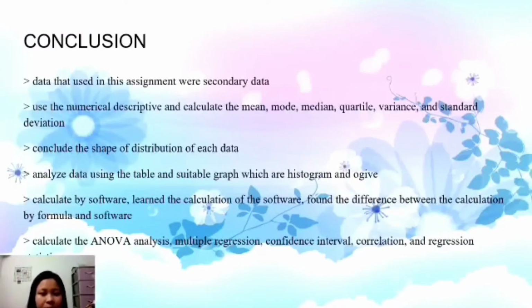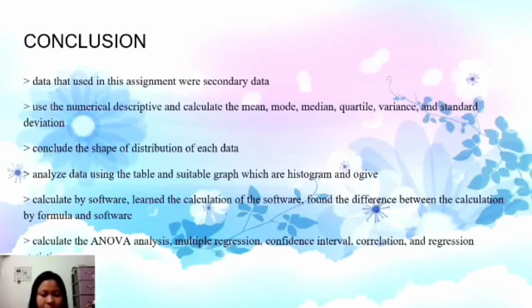All the data that we used in this assignment was secondary data. We also used the numerical descriptive measures and calculated the mean, mode, median, quartile, variance, and standard deviations. And we also concluded the shape of distributions of each data. And we also analyzed data using a table and suitable graphs, which are histogram and ogive.